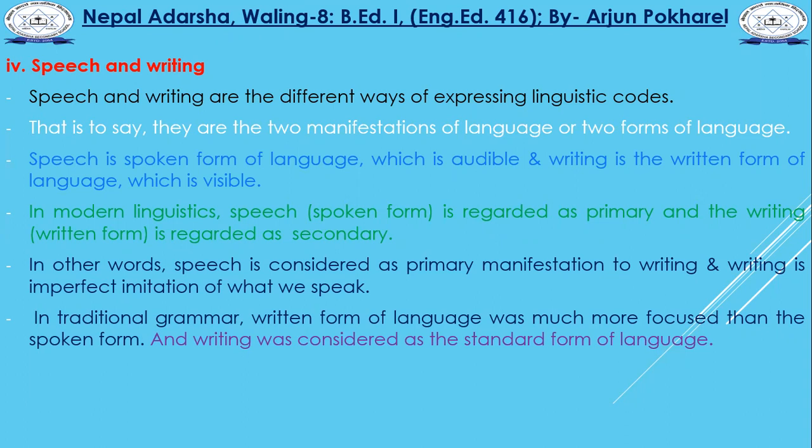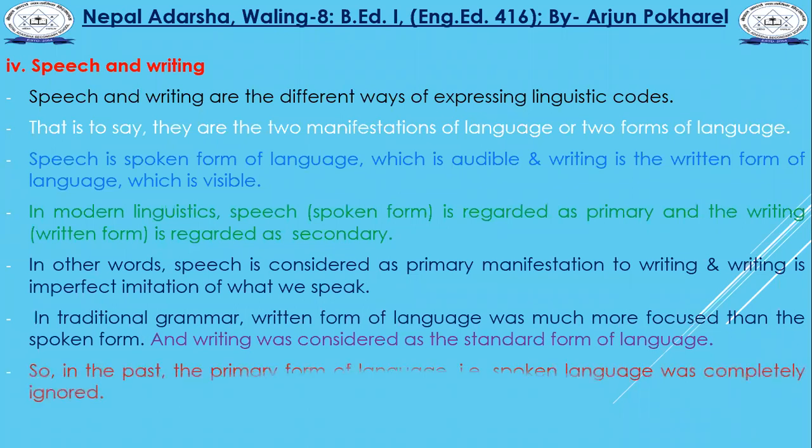In traditional grammar, the written form of language was much more focused and practiced than the spoken form. But in modern times, we focus on spoken language rather than written language.